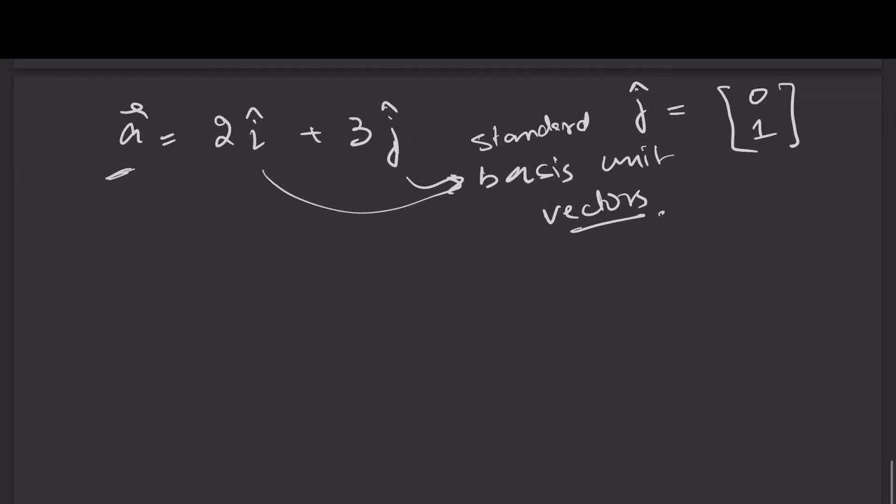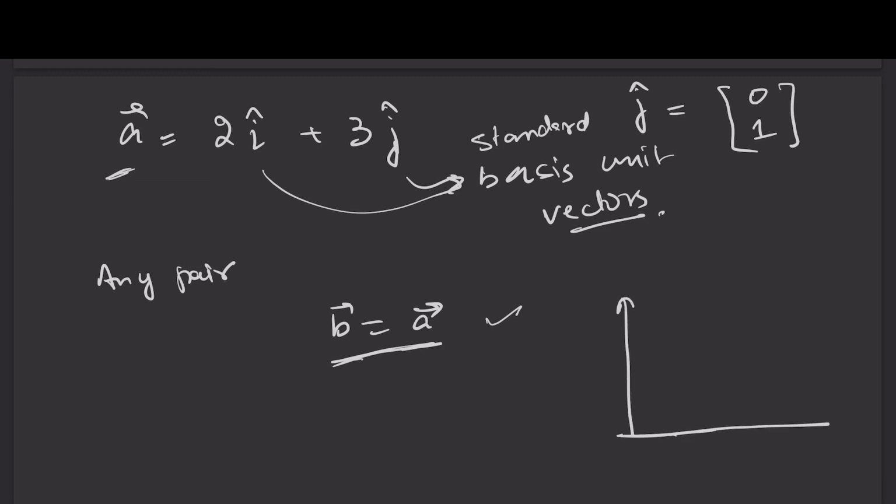Actually, any pair of vectors can form basis vectors, except in two cases. The first case is if both vectors are in the same direction, then we cannot use these vectors to write other vectors as a combination of the two.